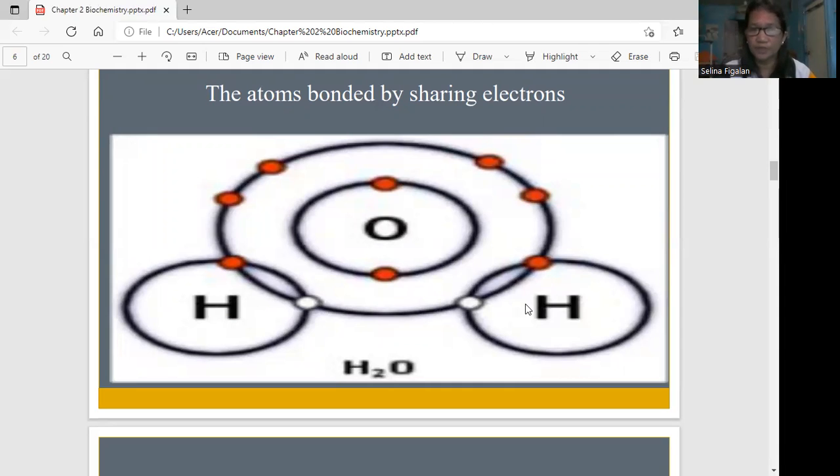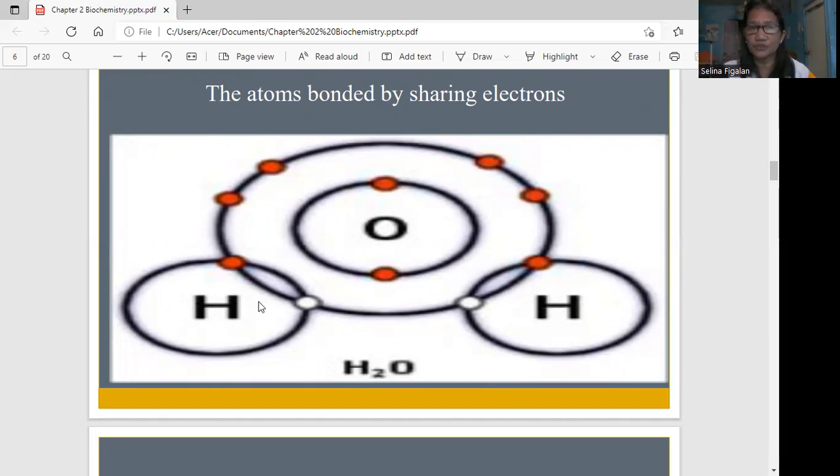This 2 hydrogen ay dumikit dito on the last shell of this oxygen. Why? Because this oxygen needs 2 electrons. And this hydrogen, since the first shell needs 2 electrons, your hydrogen only has 1 electron. Why? Because the atomic number of your hydrogen is 1. So anong gagawin?